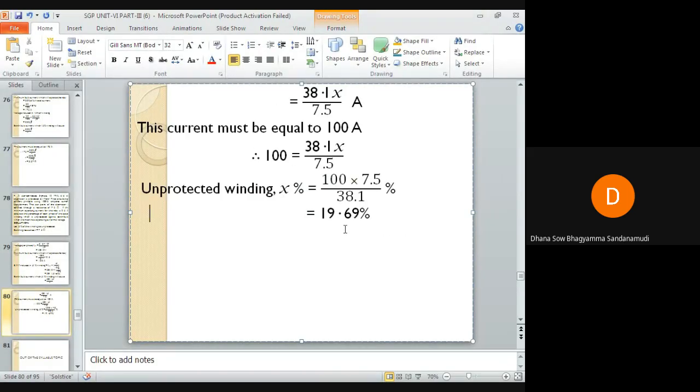You can determine the percentage of each phase of the stator winding which is unprotected against the earth faults. This is the percentage of the stator winding which is unprotected, that is 19.669% is unprotected against the earth faults.